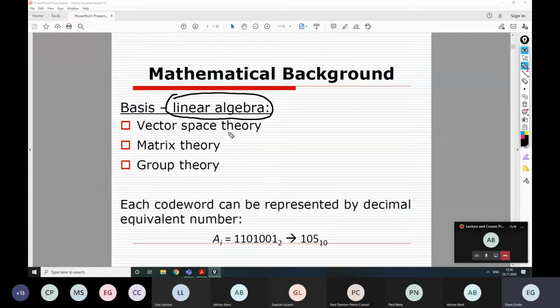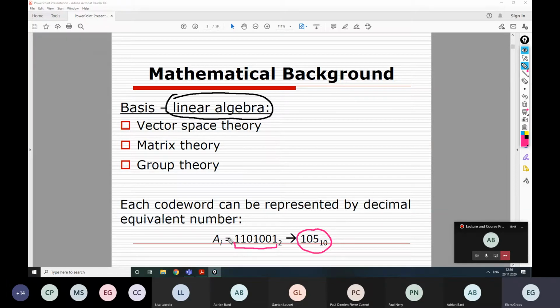That includes vectors, matrices, groups, and so on. In this case, each of our binary code words can be represented as an integer number in the decimal system. That's conversion from binary to decimal, yes. And this way, each code word can be considered to be just a number in our usual decimal system.